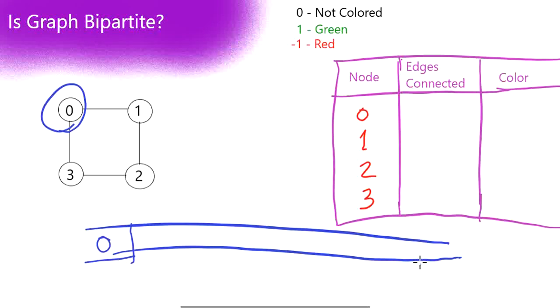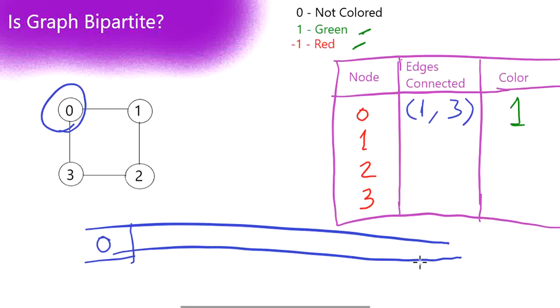Once it is put, we are going to update our color with green or 1. Here, to denote color, we are using 1 for green and -1 for red. -1 is simply opposite to 1. So we are going to put 1 as our color. Here the nodes 0 connects to are 1 and 3. So once we are done with 0, we are going to color its neighboring nodes with the opposite color.